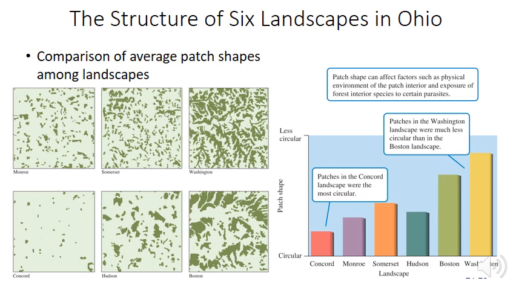And again, this kind of patch shape is very important because this increased edge that you get in odd-shaped patches can affect both the physical environment in the interior of the patches if they're close to edges, and also species on the interior of these patches might be more likely to be exposed to parasites and pathogens that occur outside the patches. So there are various different reasons why patch shape can be incredibly important, sometimes more so than patch size.